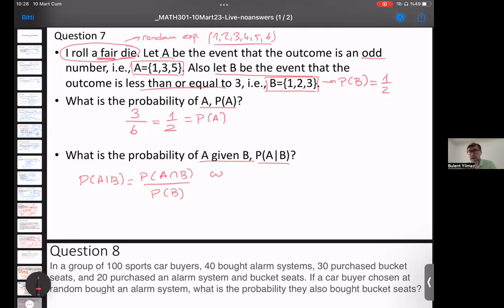Okay, but I want it in a more, not in A, B terms, but in odd number, less than 3 kind of thing, okay? I don't want any A, Bs. I want finally such a thing. What is the probability of, what is A?